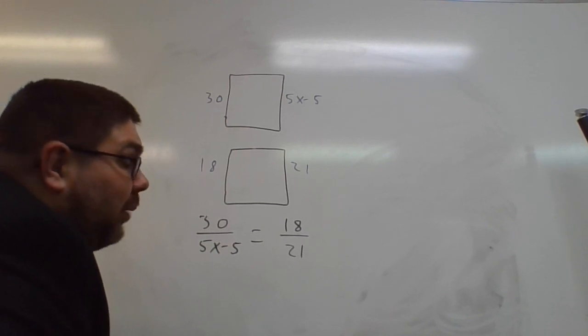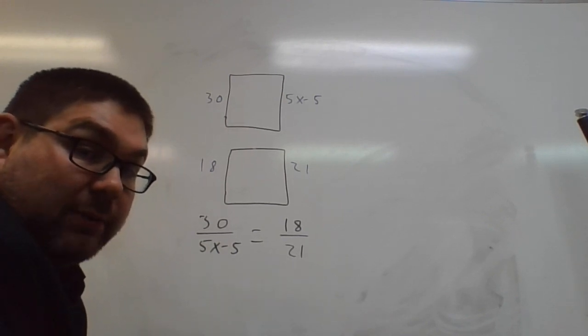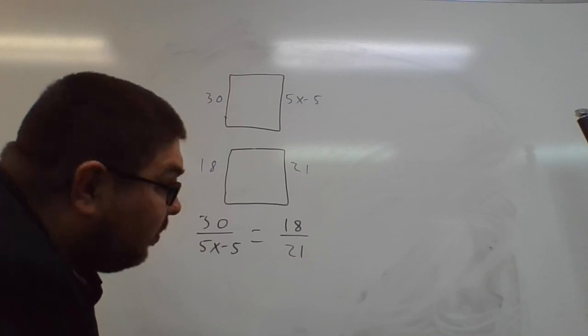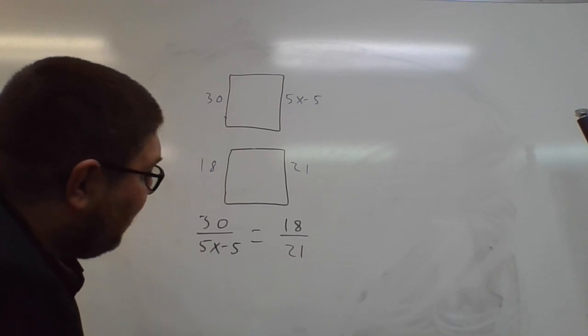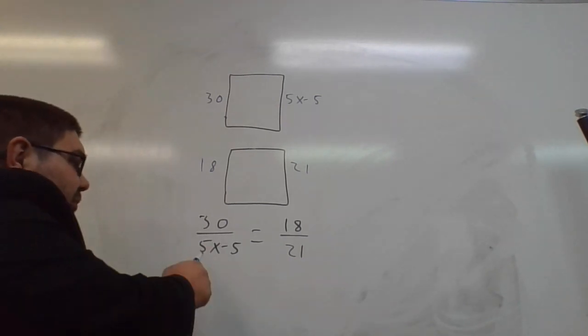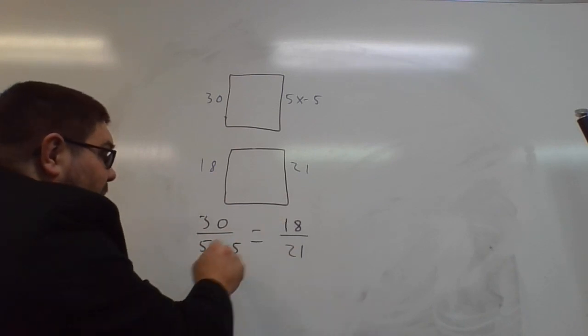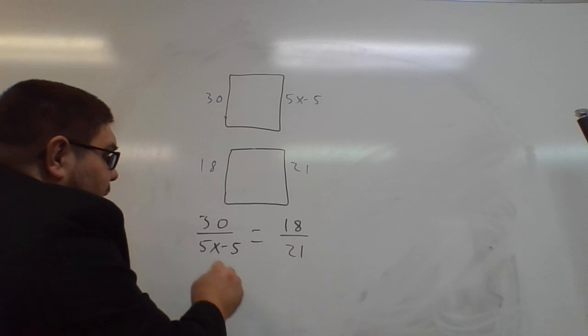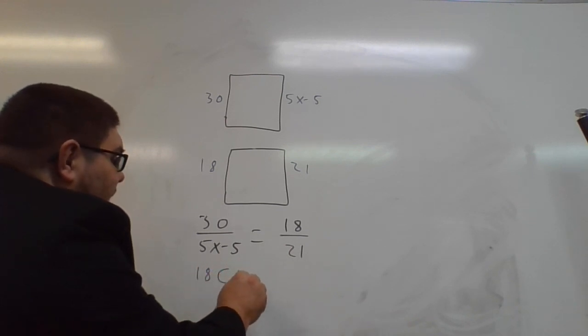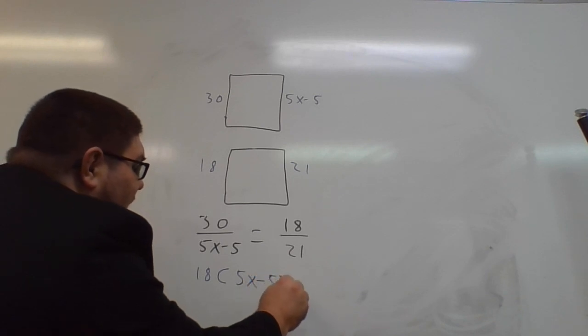Now, I'm going to do just what we did last time in video 2, and that is cross multiply. If I cross multiply, I'm going to do 18 times the quantity of 5x minus 5.